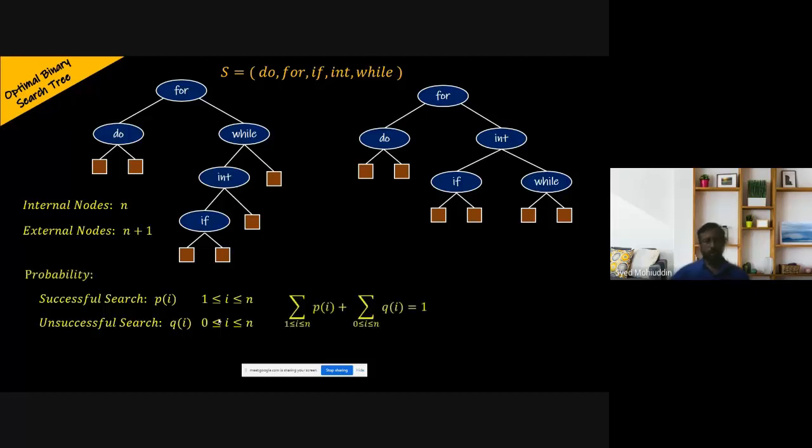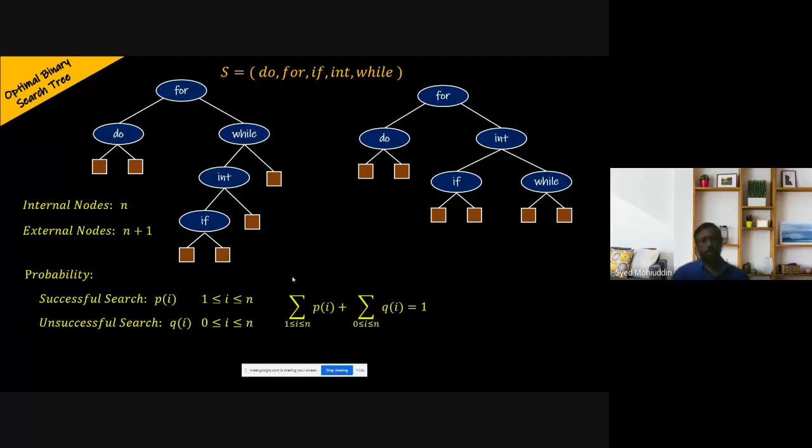Now, mathematically, we can come to an equation: when probability is considered, the probabilities should sum up to 1.